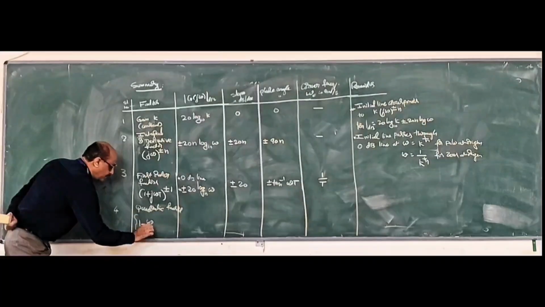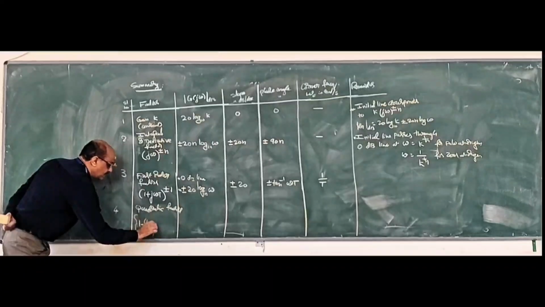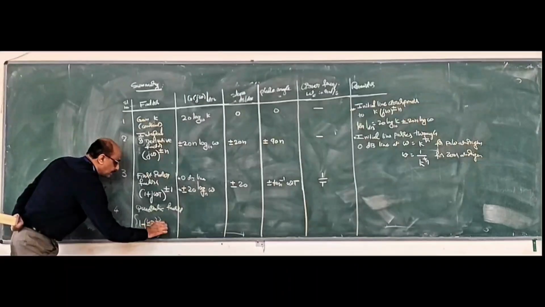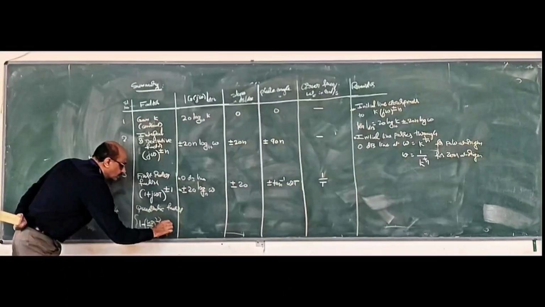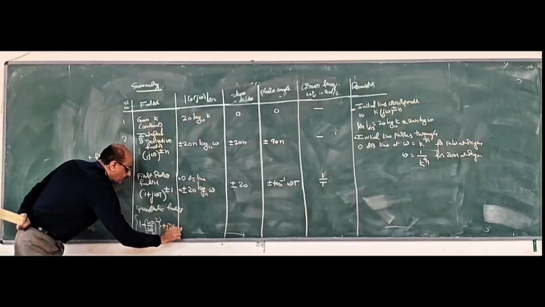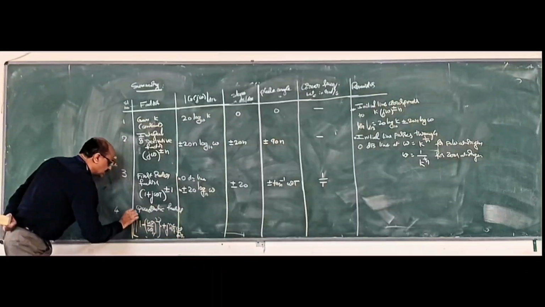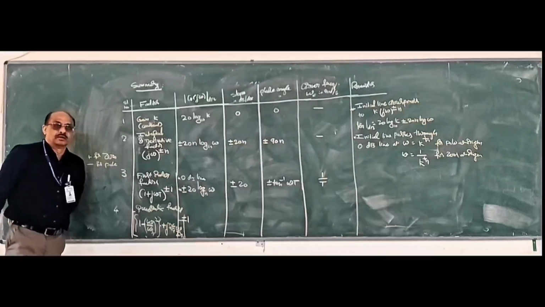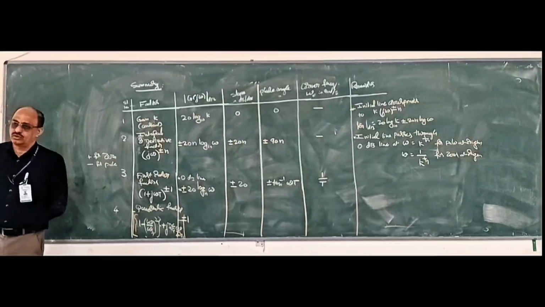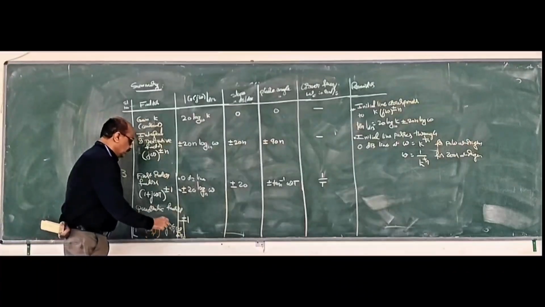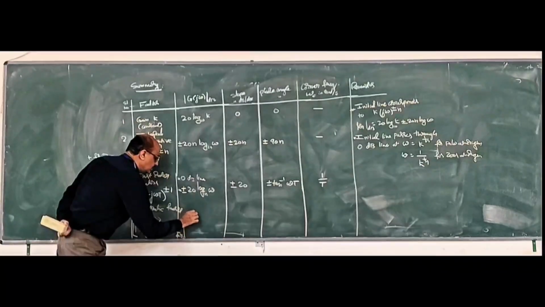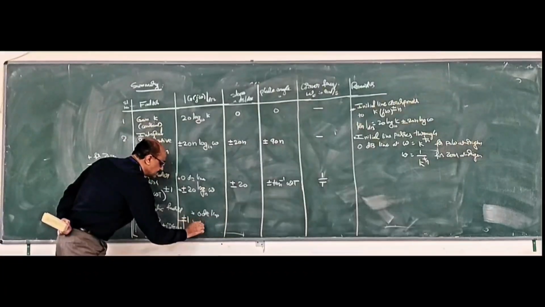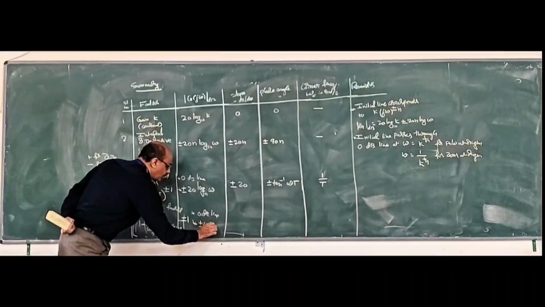I write the standard format: 1 minus omega by omega n whole square, plus j 2 zeta omega by omega n, the whole to the power plus or minus 1, plus for a quadratic zero, minus for a quadratic pole. Here also it has a 0 dB line, and second is plus or minus 40 log omega.